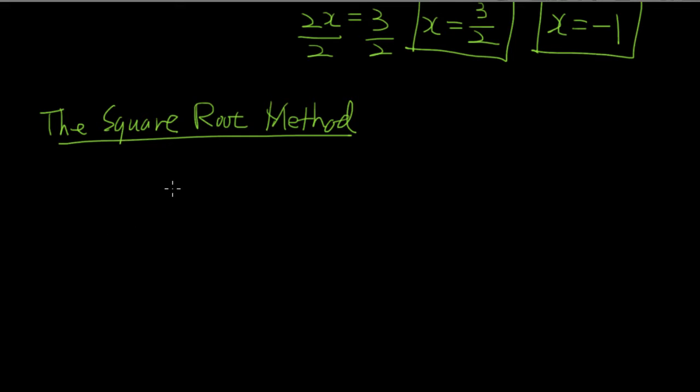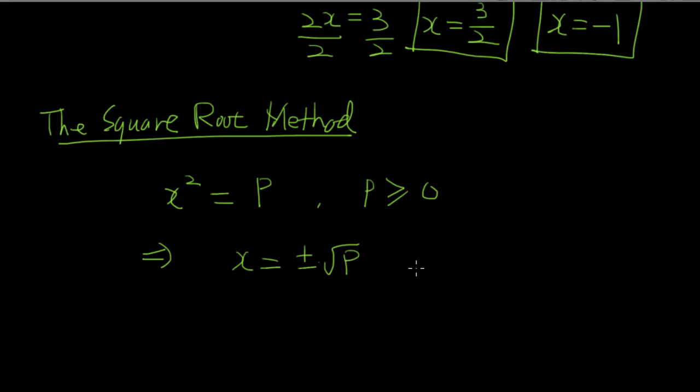Well, basically it looks like this. x squared equal p. When we have x squared equal p, and p must be greater than or equal to 0, then the answer is plus or minus square root of p.